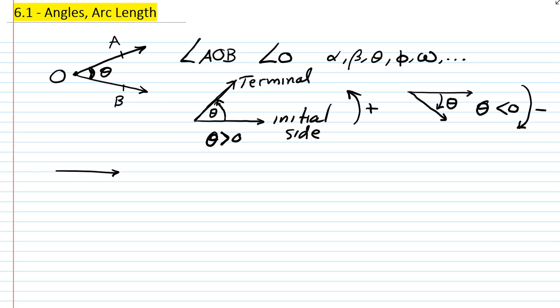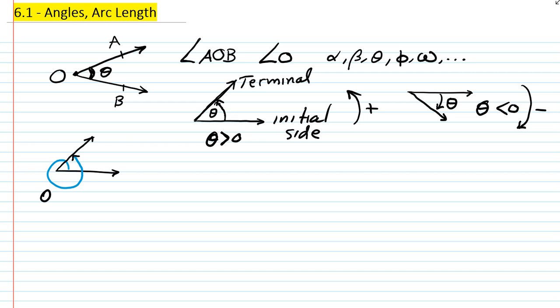So let's say I have my initial side here, and then I have my terminal side. The angle revolves, goes around once, and it goes a little bit further and it stops. And then this is where the terminal side is. That's the final resting place for the angle.